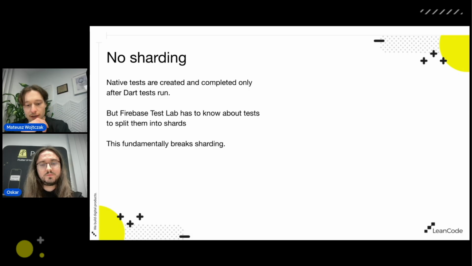So sharding means effectiveness, especially cost effectiveness and time effectiveness. And with the design where in integration tests you have to run all the tests and send them, it's just not possible. It's fundamentally broken. So you cannot achieve that with first-party solutions.